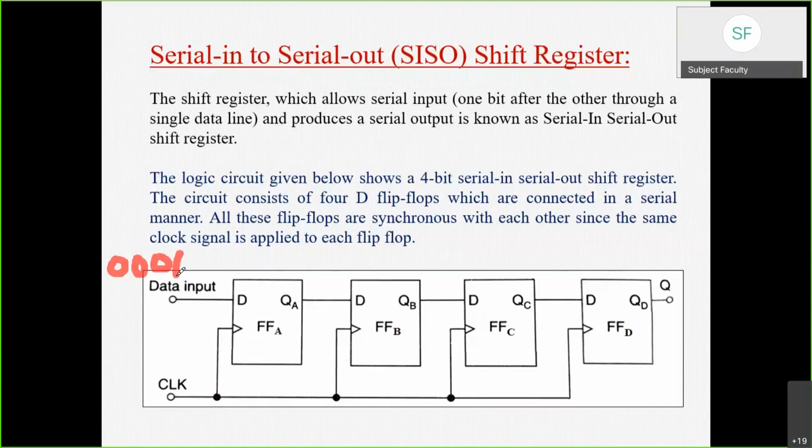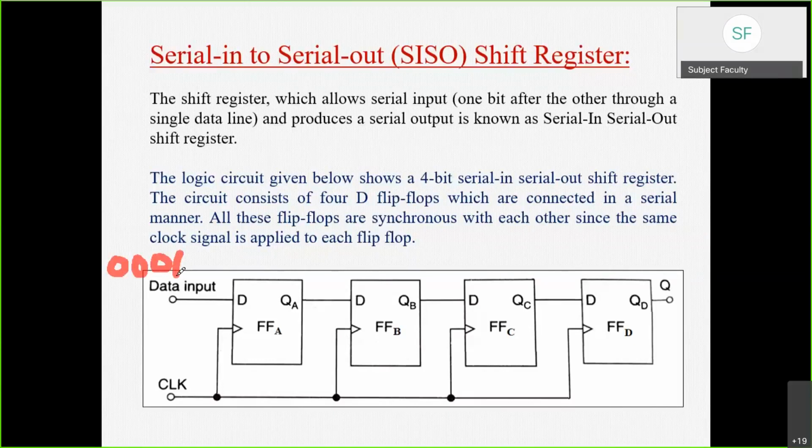A shift register is used to store data, and whichever data you store, in the end you will have to recover it. In case of recovering, the data should move to the output.